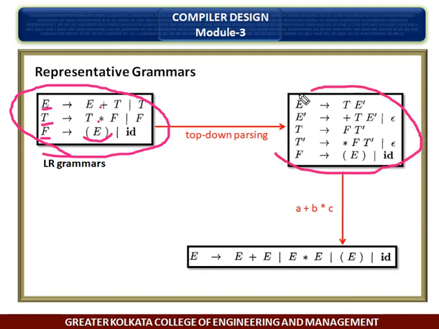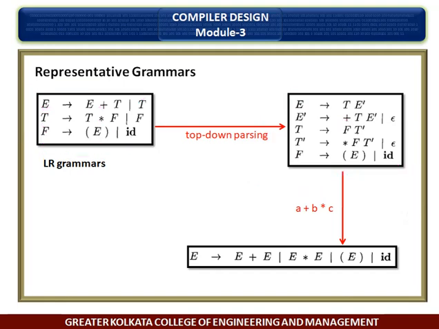This is the top-down parsing grammar. In this diagram, we can see the grammar trees where plus and the star symbol are alike. So it is useful for illustrating techniques for handling ambiguities during parsing.